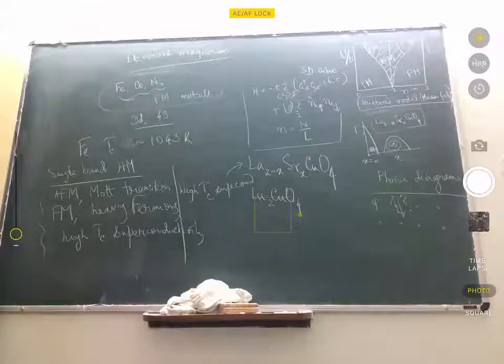What one is trying to do is get a simple model which gives us some physical insight into the origin of ferromagnetism in these materials as a consequence of electron correlations. Because describing ferromagnetism in these materials theoretically by other means is not difficult at all.